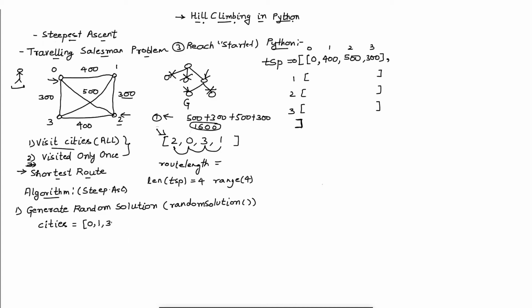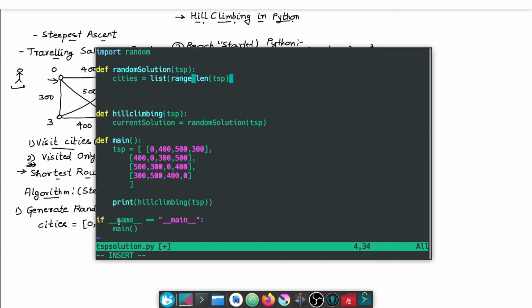So it is going to give us 0, 1, 2 and 3, and then we are going to use the list function to make sure that the range of all these numbers are pushed inside of the list. So now we have all the cities.